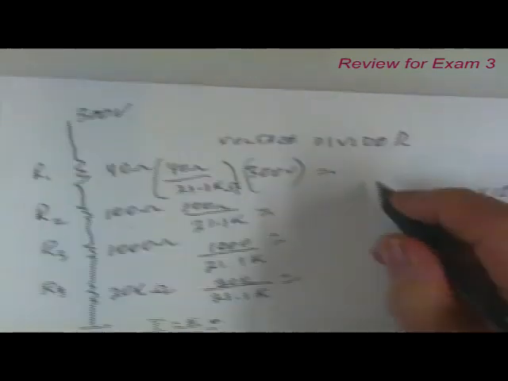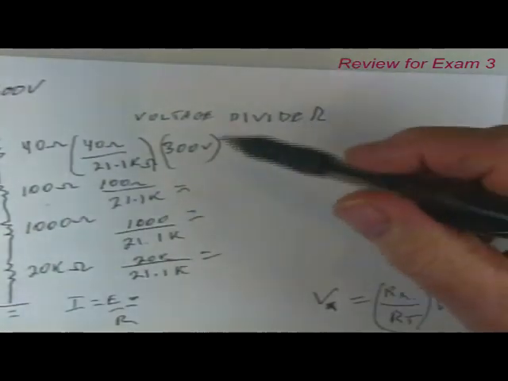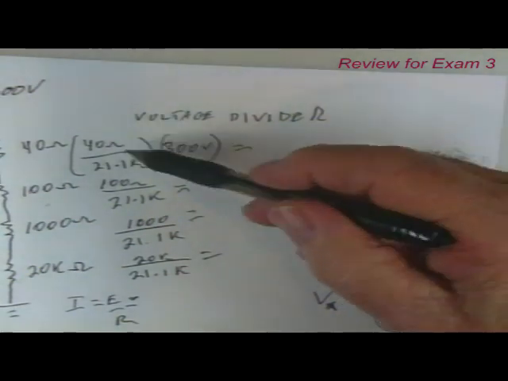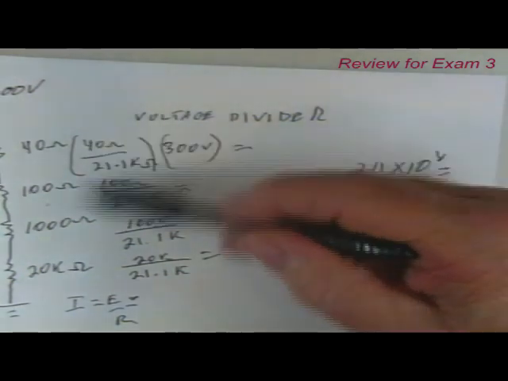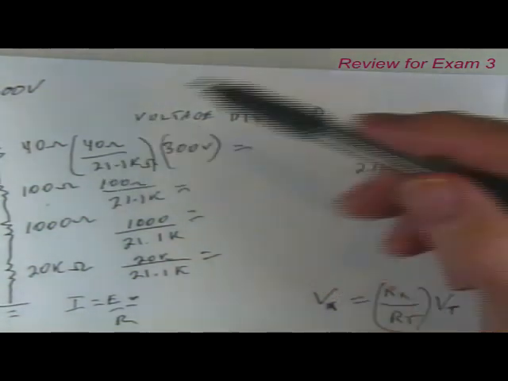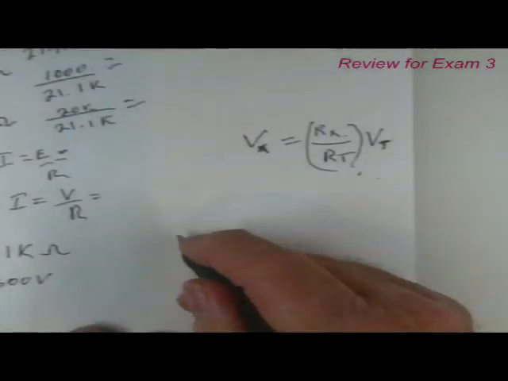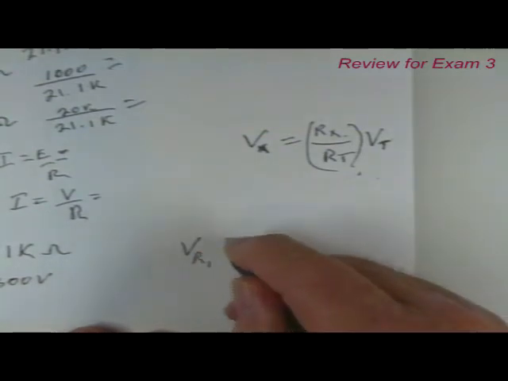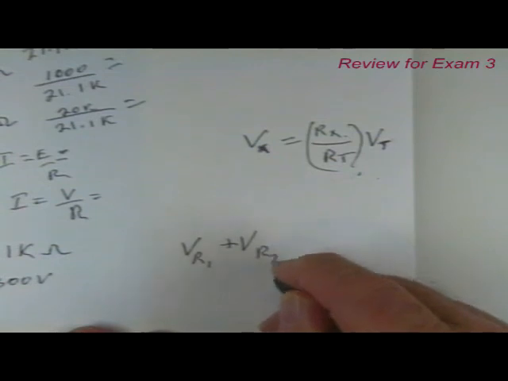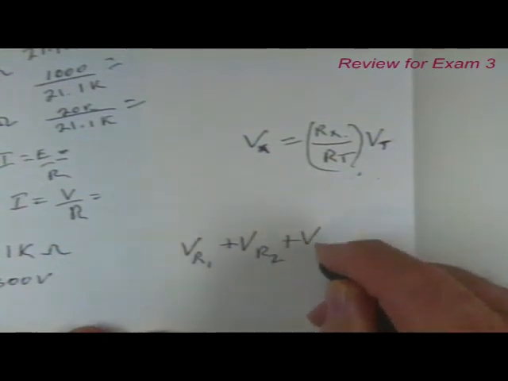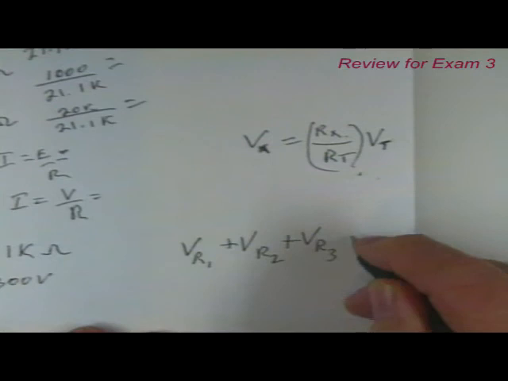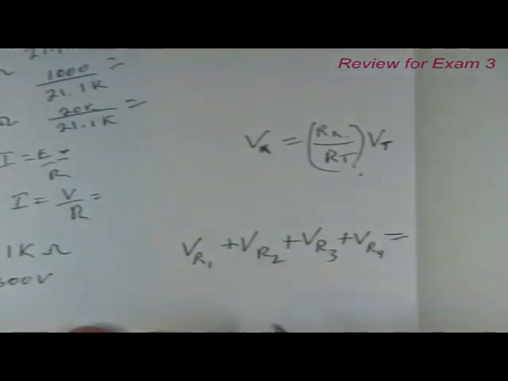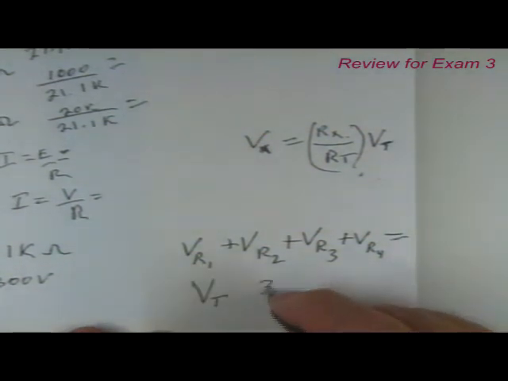Now, I'm not going to solve these. I want you to solve these. But what you're going to end up with is a total voltage. Now, when you finally put the voltage across VR1 plus VR2 plus VR3 plus VR4, that's going to equal VT, which in this case is 300 volts.